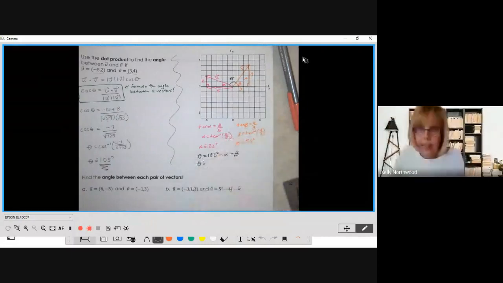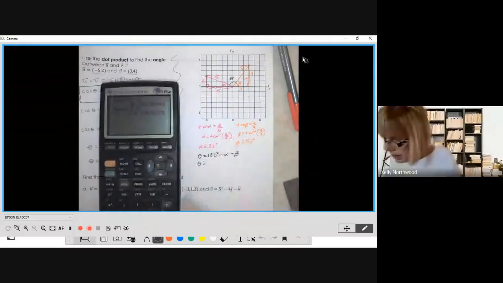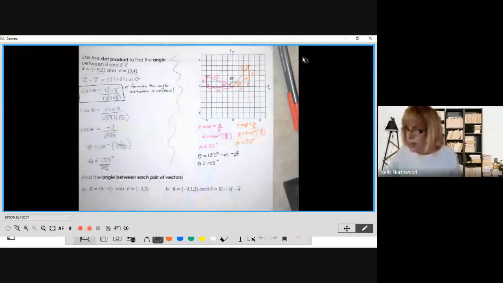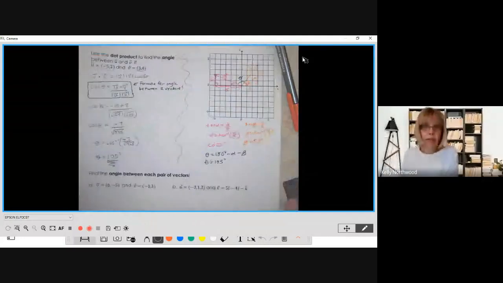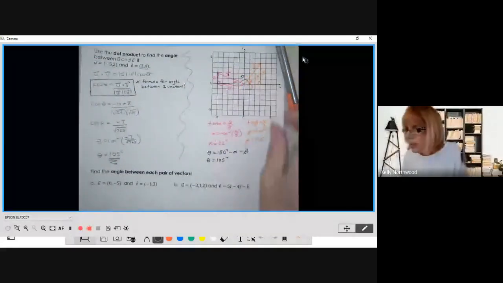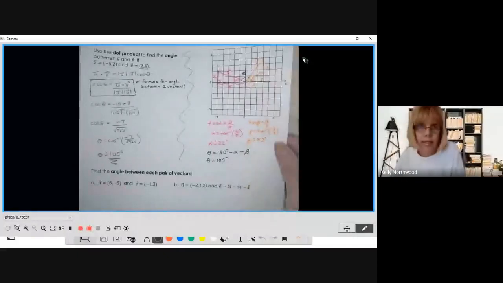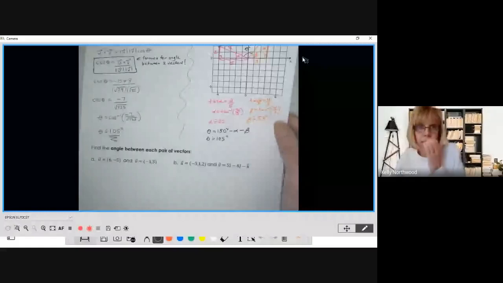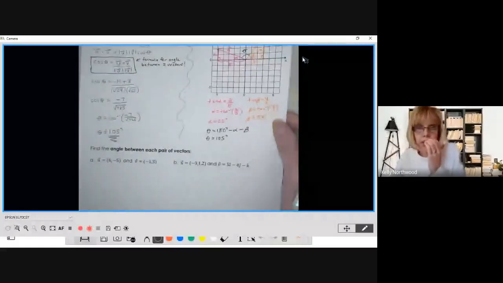I'm going to do that on my calculator. 180 minus 22 minus 53 is approximately 105 degrees, which is what we got using the formula that involved the dot product. So we know it works, and that is going to be our go-to. So now we're just going to practice using this formula for finding the angle between two vectors when they're tail to tail.